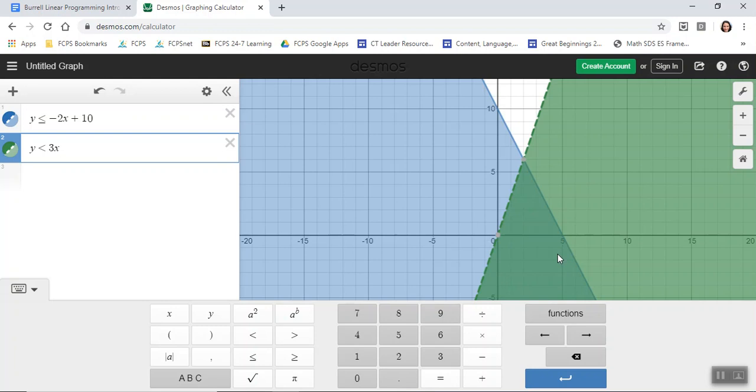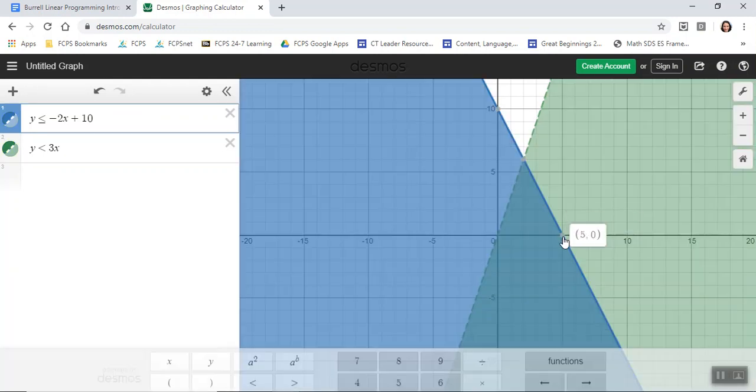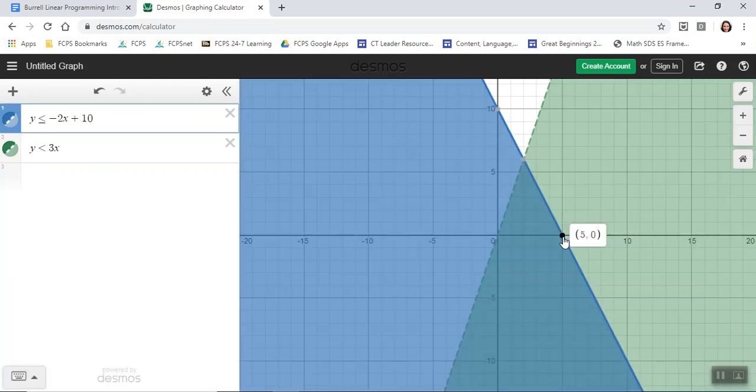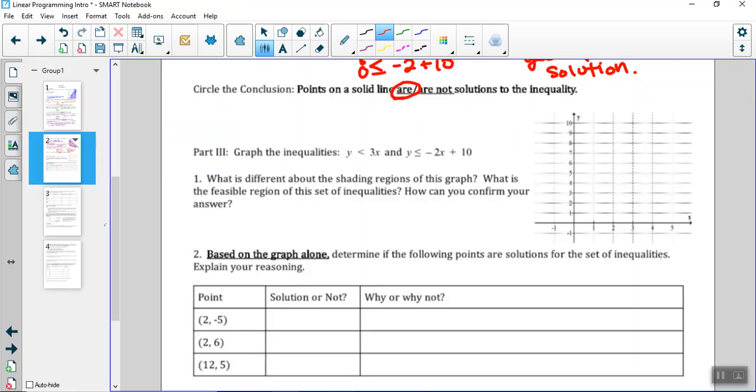So this triangle has some points that we're going to try to get onto our graph. It has this point at 2, 6. It has a point at 0, 0, and it has a point at 5, 0. So let's try to get those points onto our graph. So we had 2, 6, 0, 0, and 5, 0.